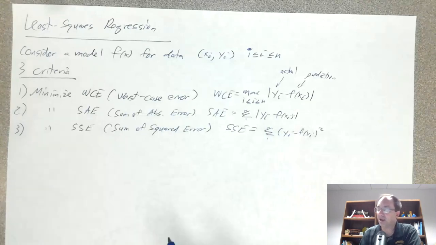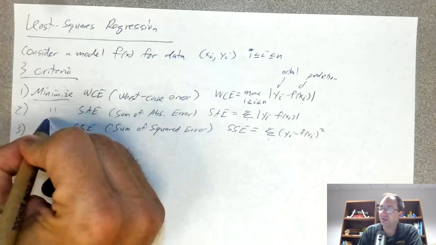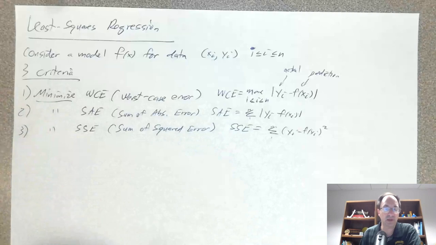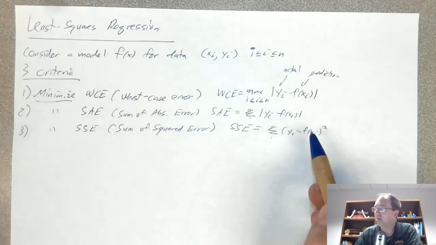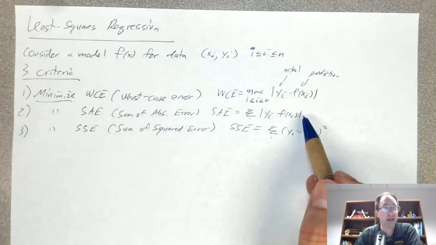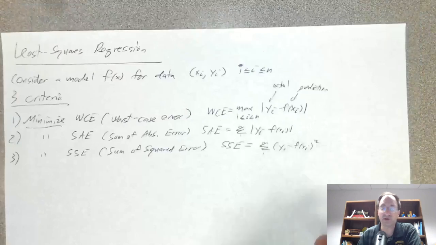But if you think about where we're headed, the goal on all of these is to minimize this quantity. Well, if you remember back to calculus class, if I'm going to minimize something, I need a differentiable function, something that I can find derivatives of so I can apply the properties of calculus. And as you may recall, the absolute value function is not differentiable, but the squared function is.